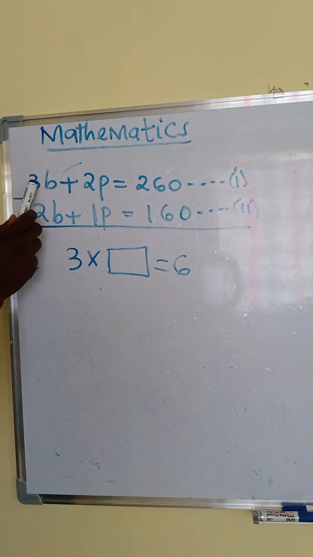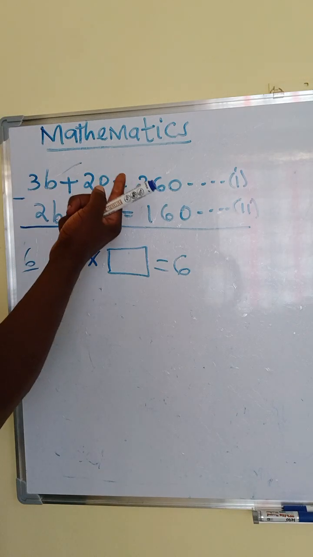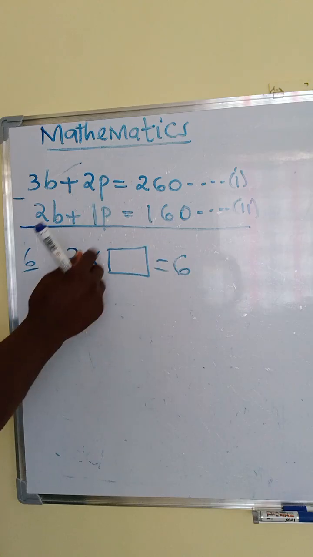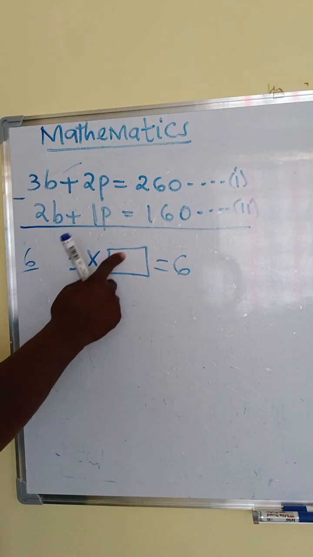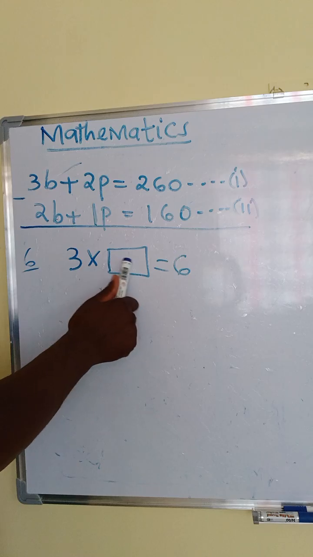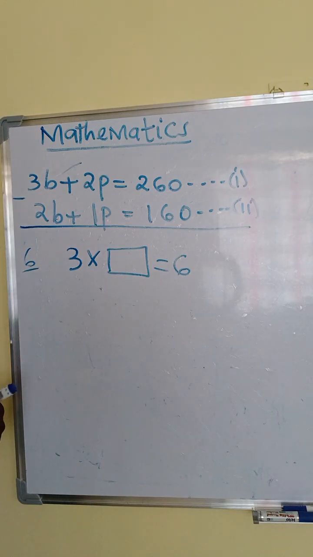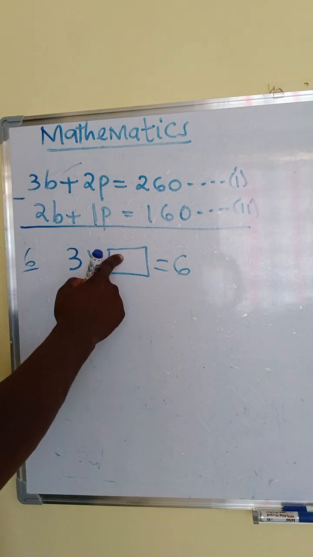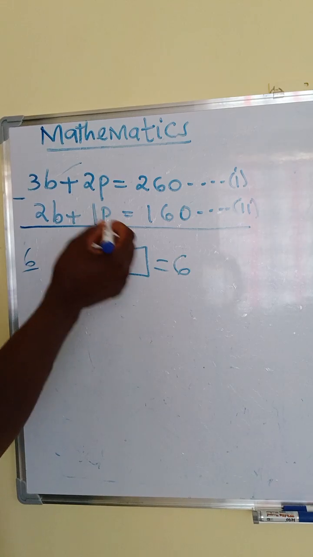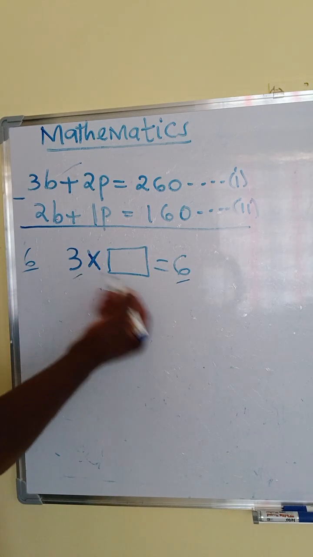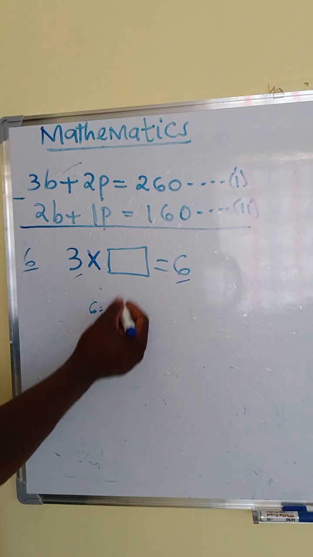So we want to make this read 6. We just say 3 times x gives us 6. Whatever you get as the value of x is the answer to this box. For you to get this missing number, now that it's multiplication, you divide 6 by 3, and you get 2.